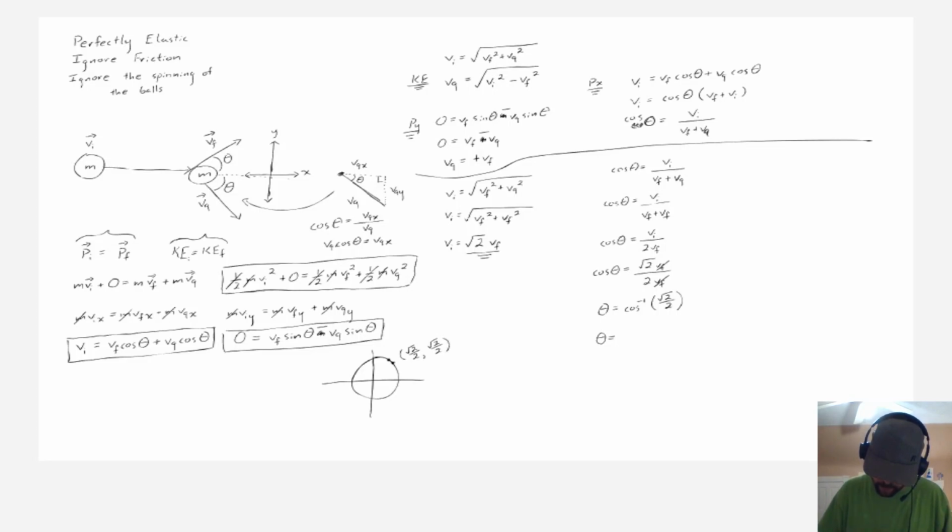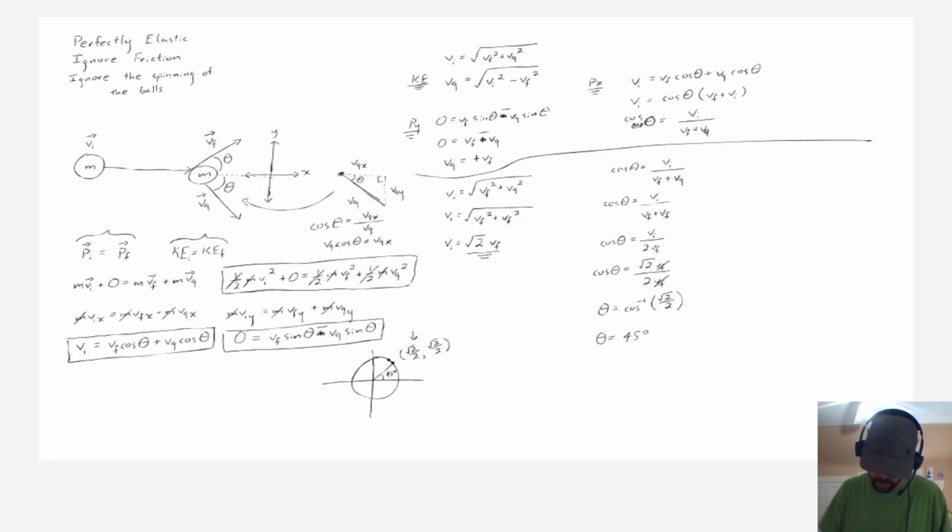And the angle here is 45 degrees. Sorry, I said it's in radians. It's not in radians, it's an x component. So this was 45 degrees. You could also say in radians, which normally you would do on a unit circle.